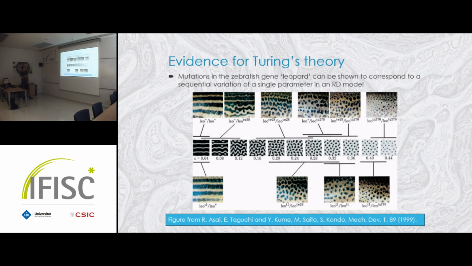You cause these various mutations, and you get a whole array of different patterns ranging from stripes to very sparsely distributed spots. And you can replicate the stripes and spots that you see in the lab just by varying one parameter of the reaction-diffusion equations. So it seems like there might be a link between the underlying genetics and some sort of reaction-diffusion mechanism, possibly.